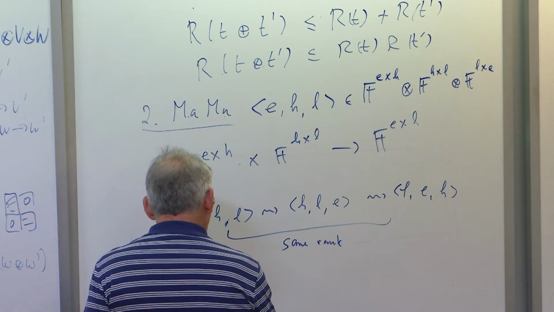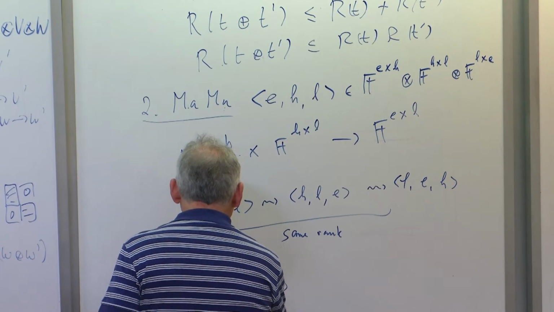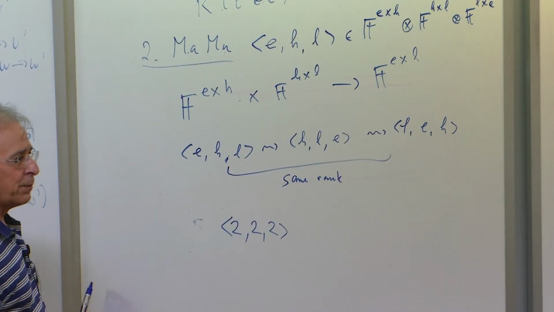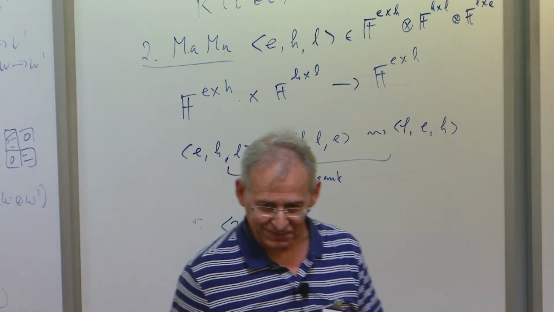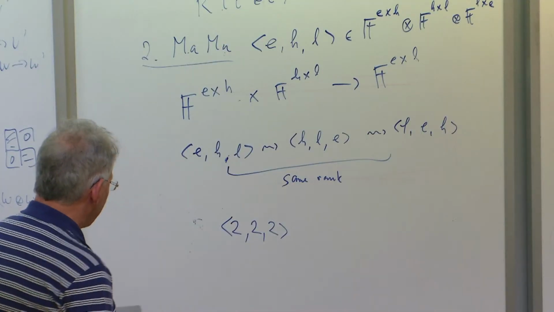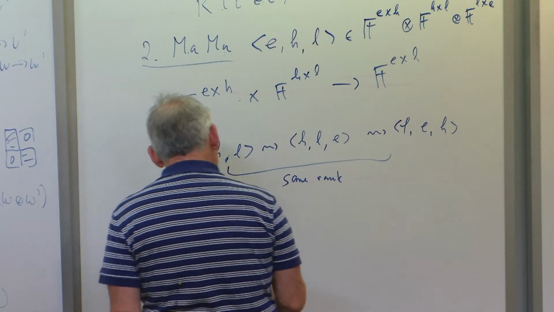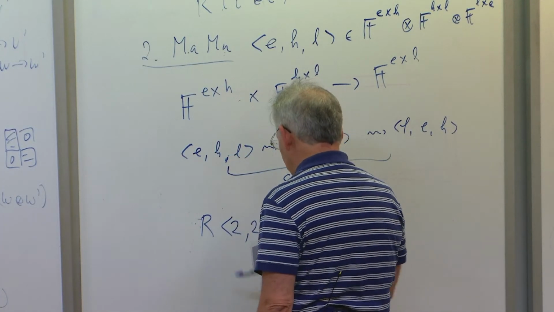This symbol here, 2, 2, 2, is my name for the 2 by 2 matrix multiplication tensor. It's all about understanding this tensor and its powers, this single object. Strassen discovered that the rank of this is not 8, it is less than 8, at most 7. We know it's 7, right?